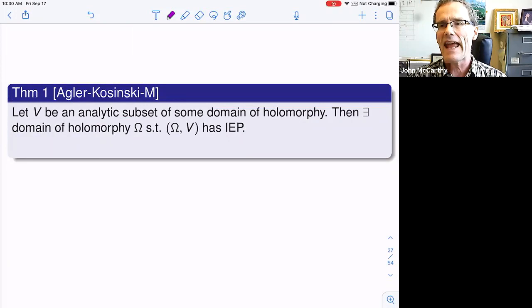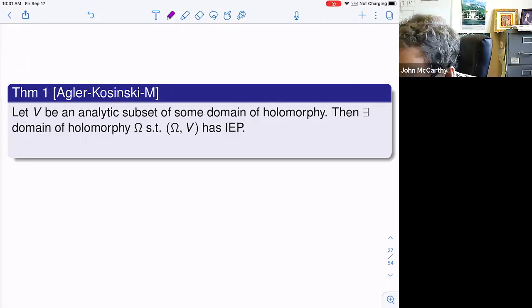If V is any analytic set, so to be an analytic set, you have to define it inside some domain of holomorphy, because you need to define it with respect to locally holomorphic functions. But if you're given any set that's an analytic subvariety of any pseudo-convex set, then you can always find some domain of holomorphy omega.